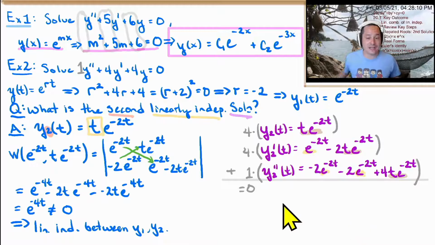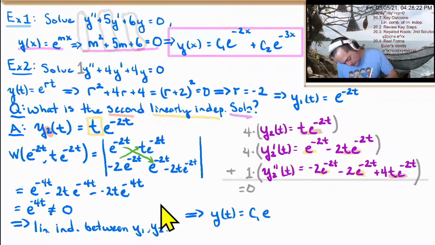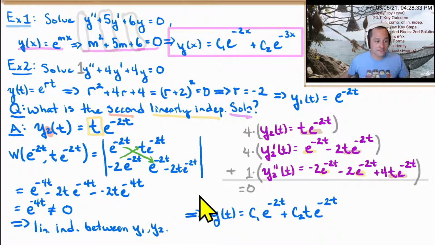That solution is linearly independent from the first solution. And so, what do I conclude? I conclude that y of t is c1 e to the negative 2t plus c2 t e to the negative 2t. Okay.